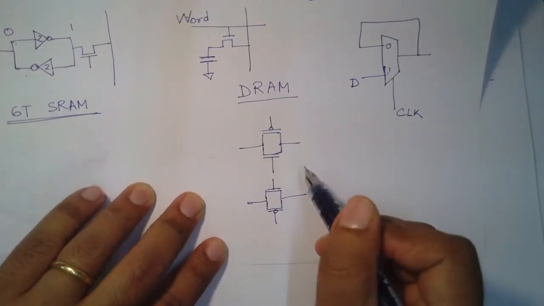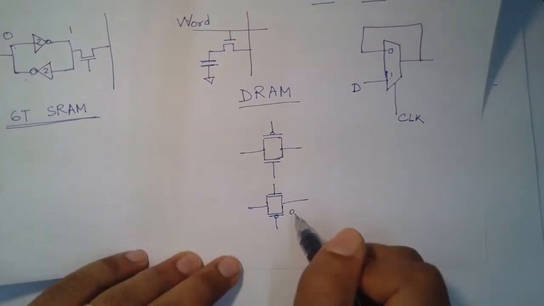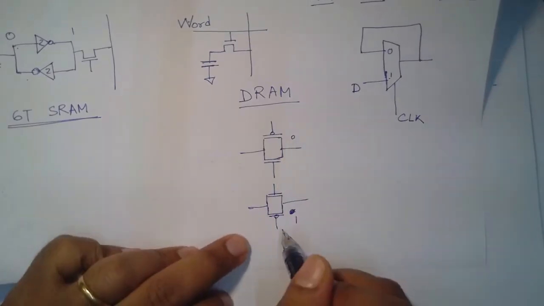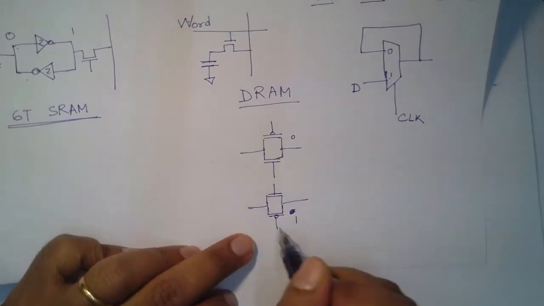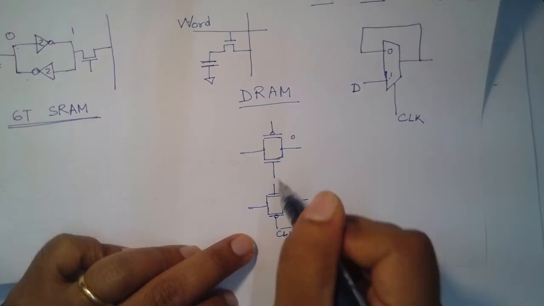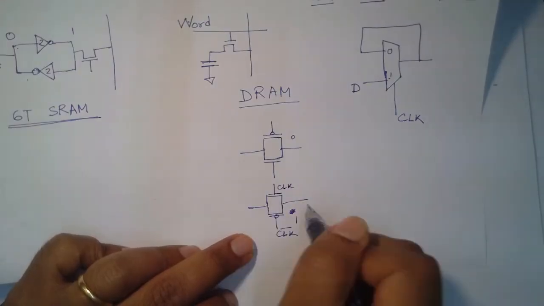Okay. So, let us say this is 1, this is 0. I have to make sure that when the clock is high, this gate should be on. So, I have to put clock bar here and clock here, so that the NMOS is on, PMOS is also on.